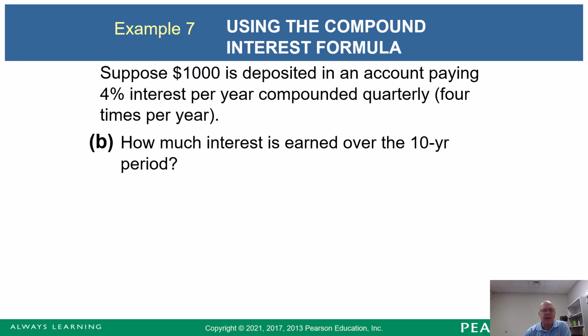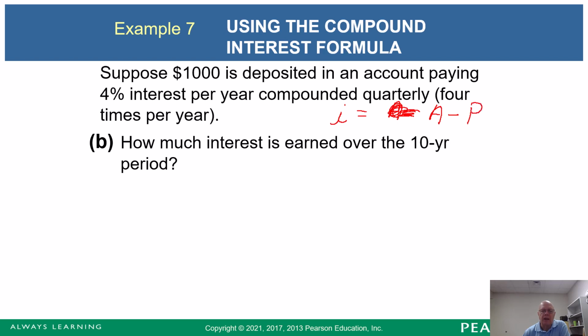Next, same question, but how much interest did you get? Well, if you want the interest, we just found how much is there when you come back after 10 years. If you want the interest, you're going to have to take out how much you actually put in to begin with.